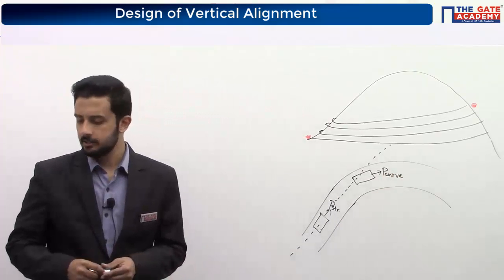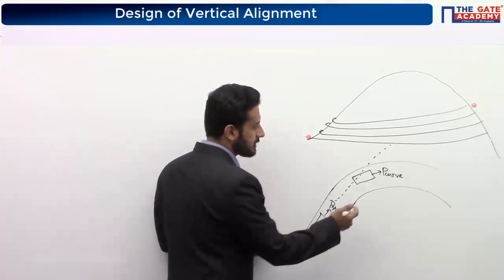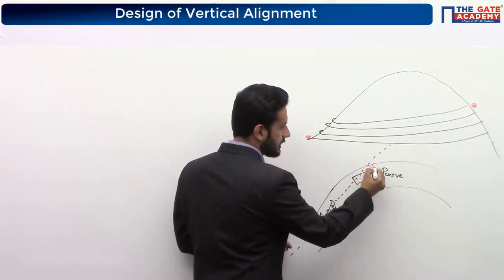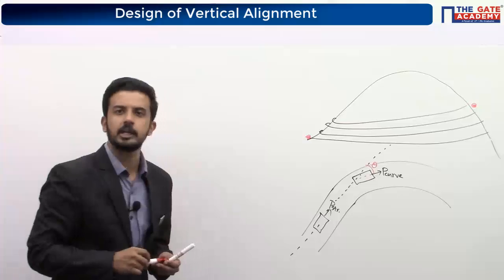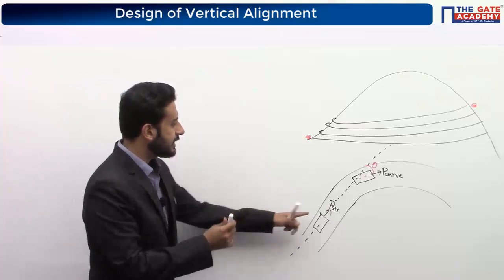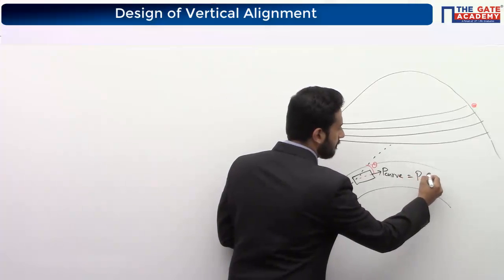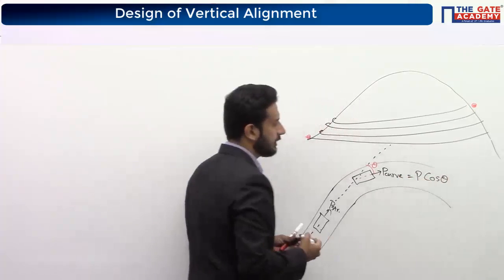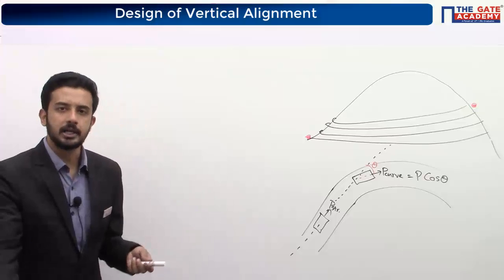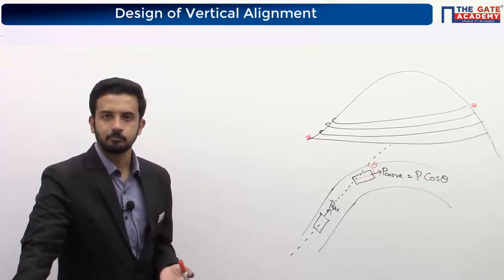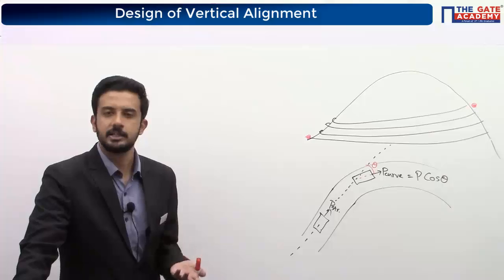It is found that approximately, suppose this is some theta turning you have done. If this pulling force is P, this pulling force will be P into cos theta. What it means, if you are going straight, theta is equal to 0. Theta 0 means cos theta equal to 1.